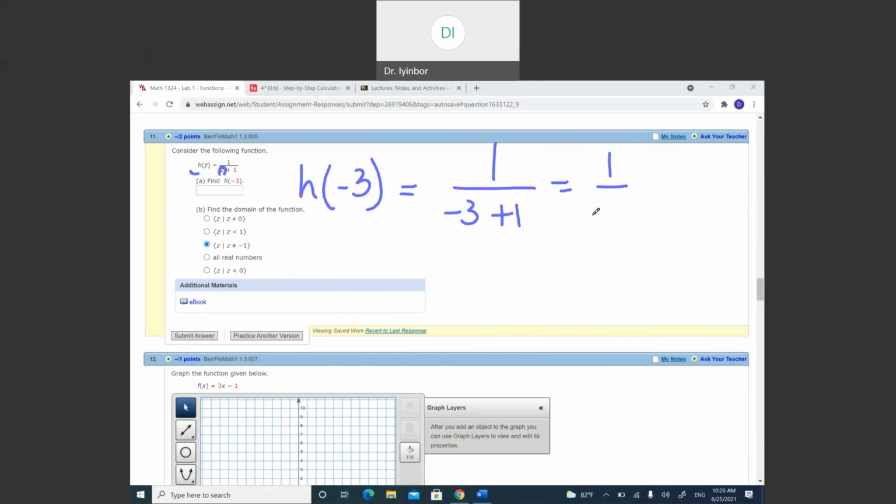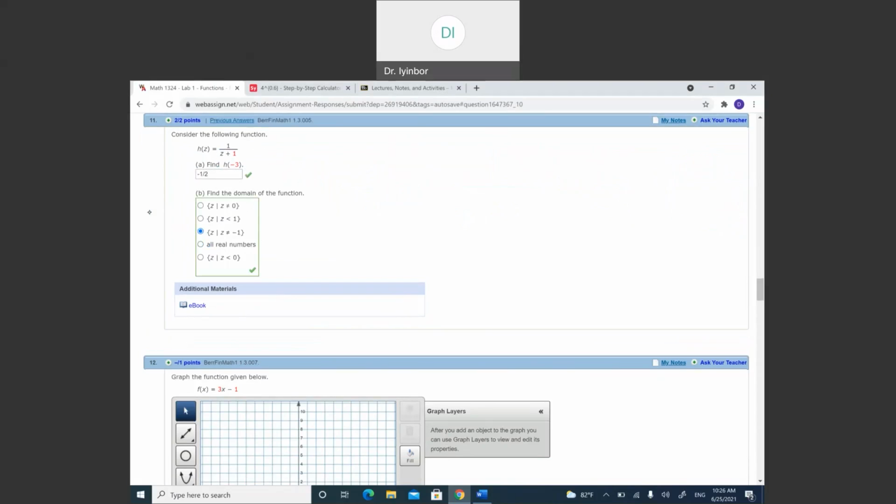I'm just going to do it like this. 1 over -2 is -1/2. So that's the answer there. So we're going to put -1/2. For 1 over 2, you just put slash for divided by. So that's how you do those questions. And we're done with 11.